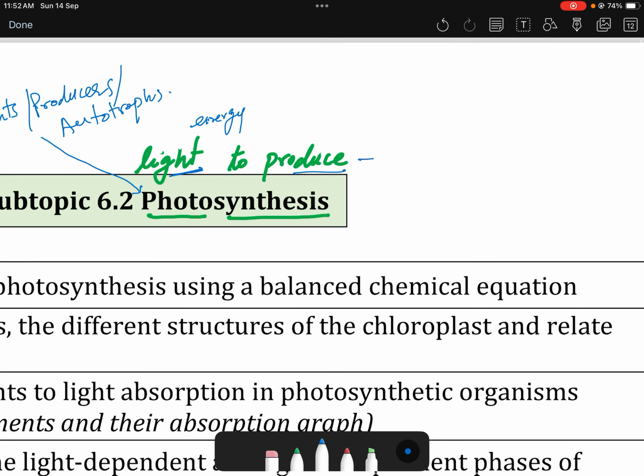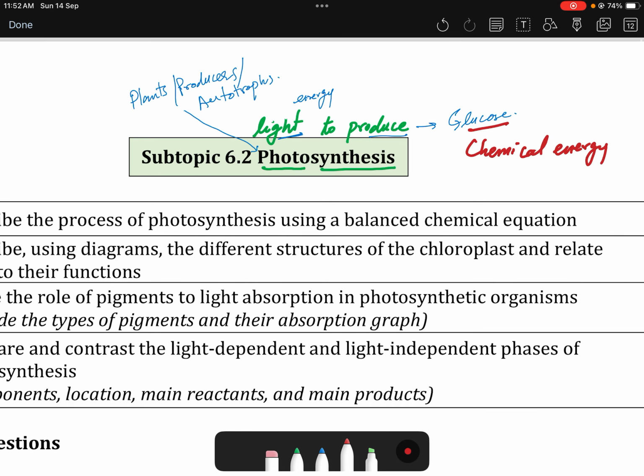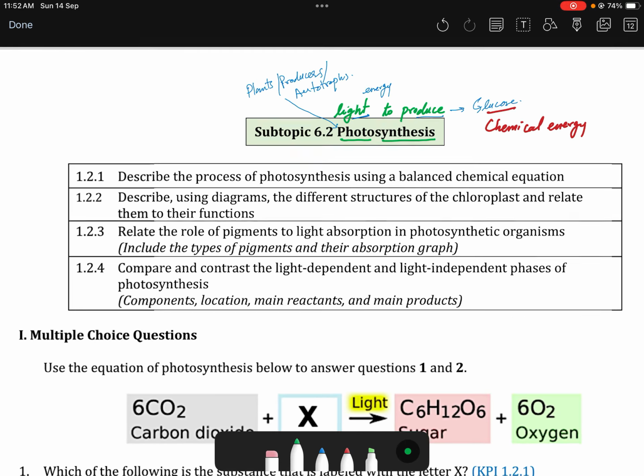Basically, which chemical is produced here? It's glucose, and the energy stored in the glucose is in the form of chemical energy. So it is a process in which light energy is converted into chemical energy. That's what we learned. The autotrophs make their own food, that's glucose.